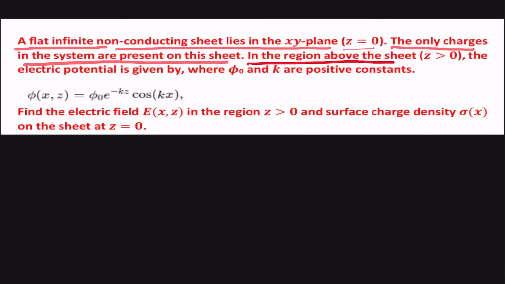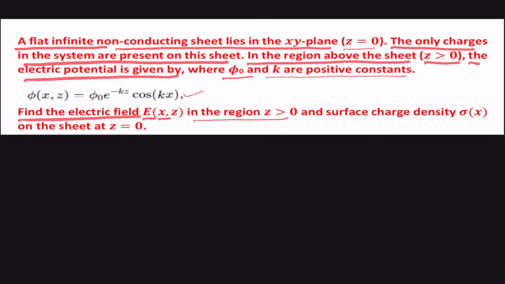In the region above the sheet, that is z greater than 0, the electric potential is given by this equation, where phi naught and k are positive constants. Find the electric field, that is E x of z, in the region z greater than 0, and the surface charge density rho of x on the sheet at z is equal to 0.